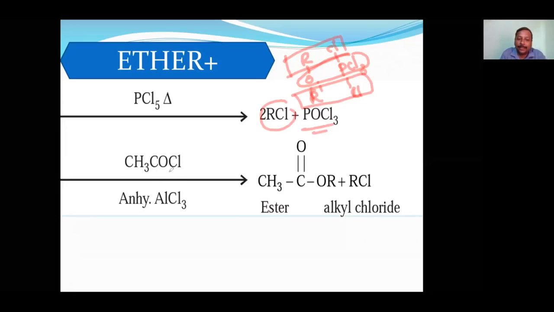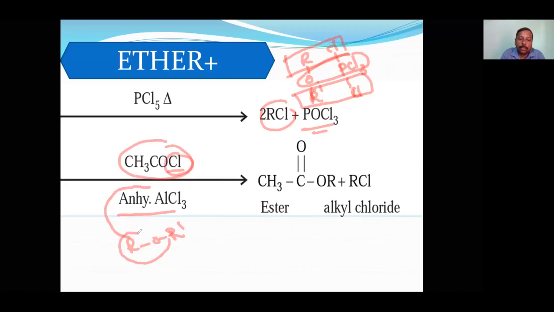Understood? In the same way, this is called an acid chloride. Again, here we are using anhydrous AlCl3. We have to remove chlorine. So ROR' when treated with CH3COCl, this chlorine will be replaced with OR.